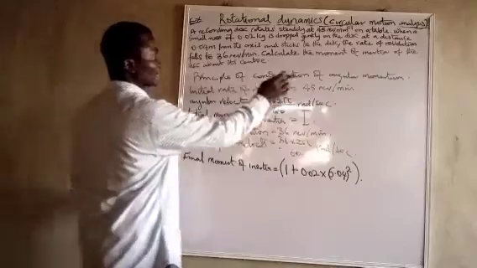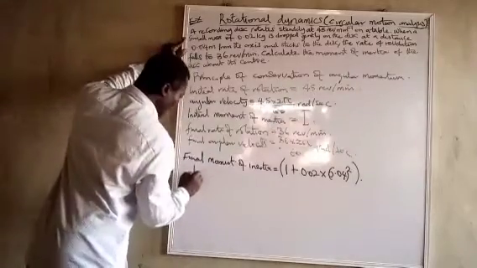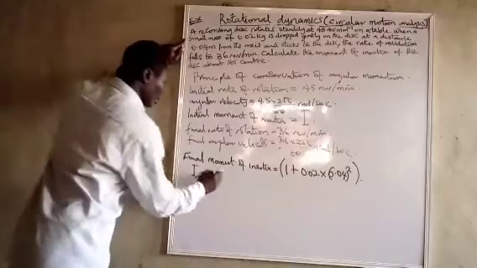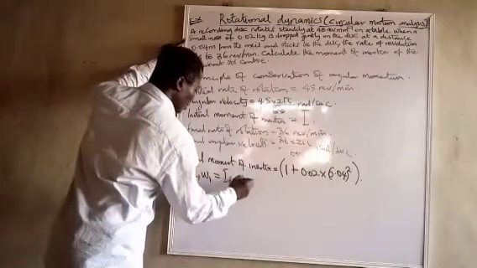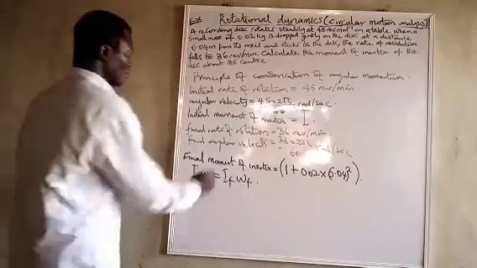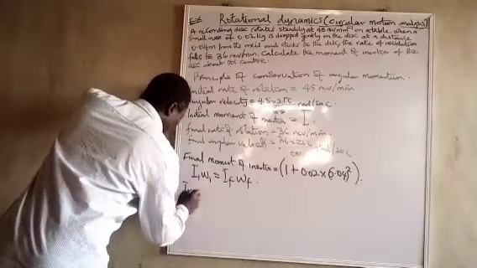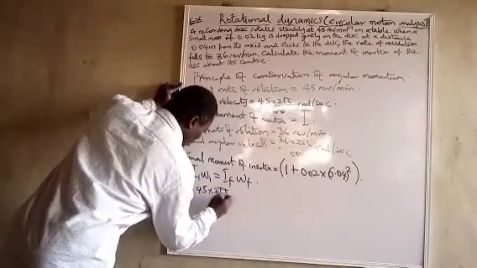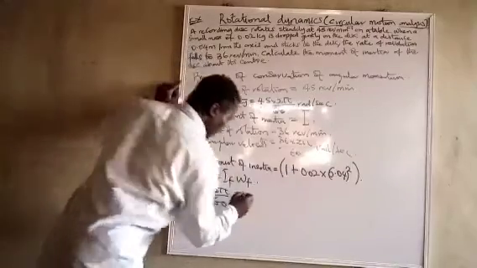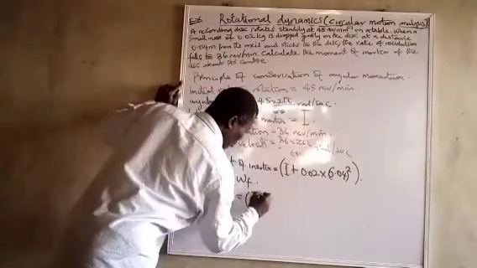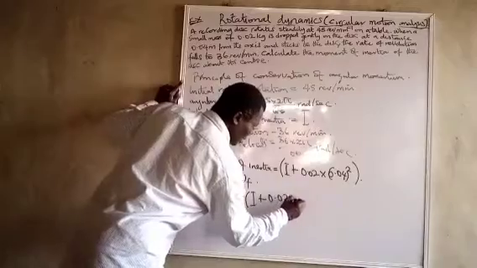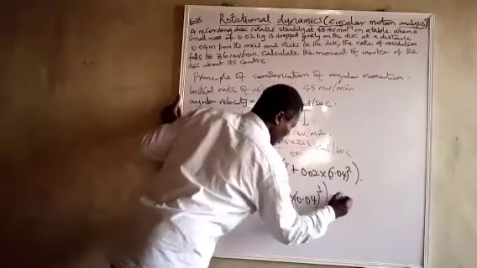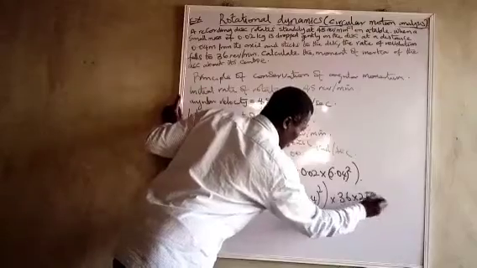And from conservation of angular momentum, we can say I initial times omega initial is equal to I final times omega final. Therefore, we can now say I times 45 times 2 pi over 60 is equal to I final, I plus 0.02 times 0.04 squared, times 36 times 2 pi over 60.